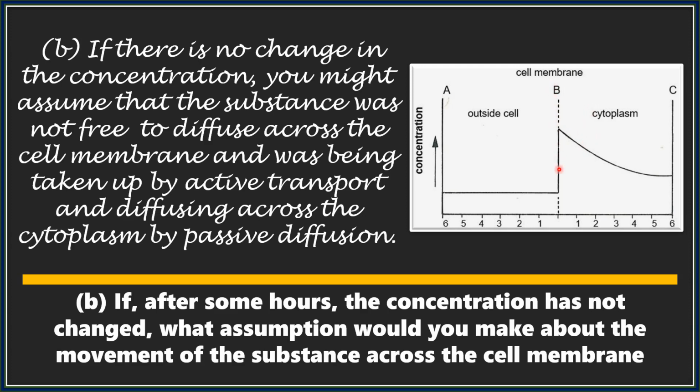It does not easily allow substances to cross. Therefore, it means that the substance outside was being taken inside by active transport. And when it reached inside by active transport, then inside the cell it will now diffuse by passive diffusion from B to C.